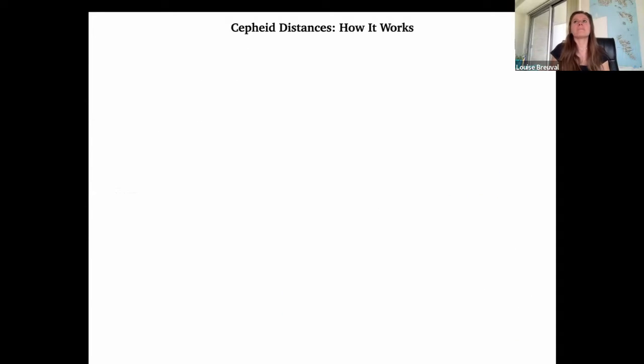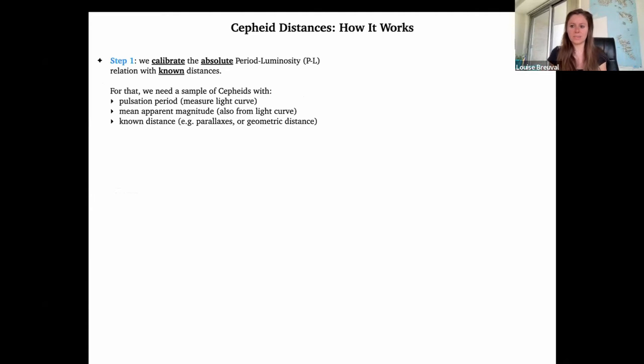All right, so in practice, how does it work? The first step for measuring Cepheid distances is the calibration. You need to measure the absolute period-luminosity relation with known distances. I know this might be confusing because we're talking about measuring distances, and I'm telling you that you need to know distances, but that's just to calibrate the absolute PL relation, and then you can apply it.